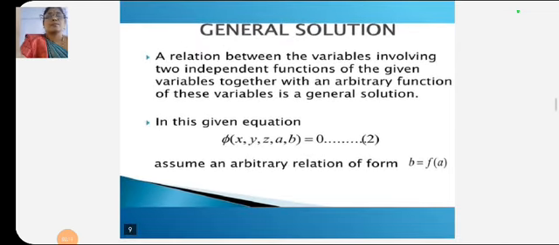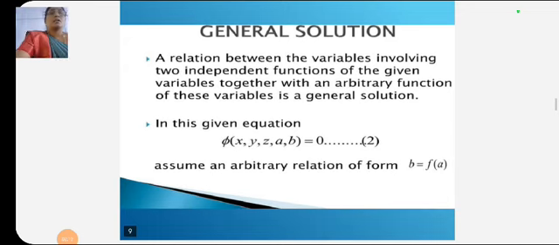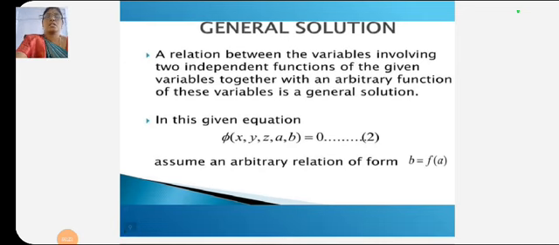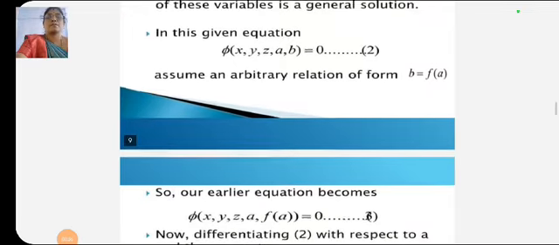Next we have to find the general solution of the differential equation. The general solution is the solution involving an arbitrary function of the variables. The equation is given by phi of x comma y comma z comma a comma b equal to 0. Assume an arbitrary relation of the form b equal to f of a.